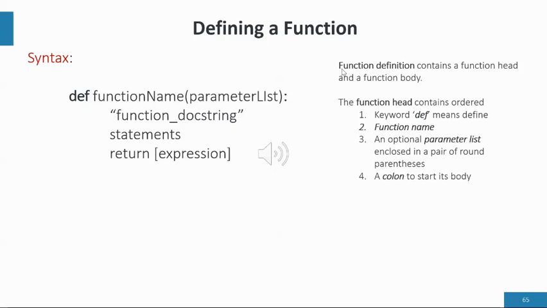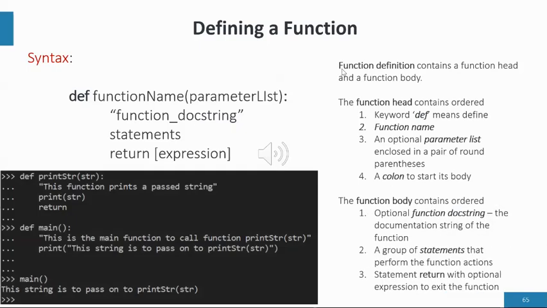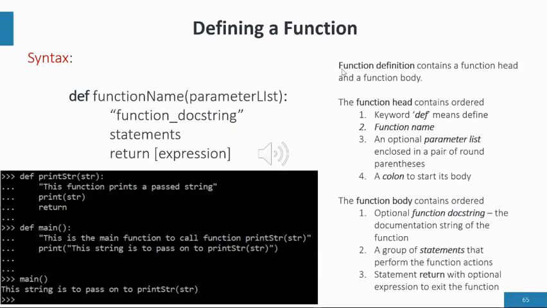The example shows the definitions of the functions print star, print string, and main. The print string function has a parameter string. The main function does not have a parameter. Both functions have a docstring. The docstrings are applied in documentation, not executed.